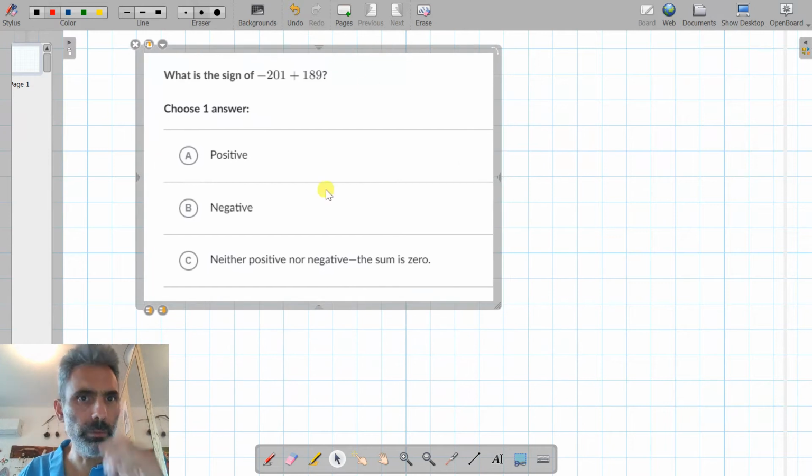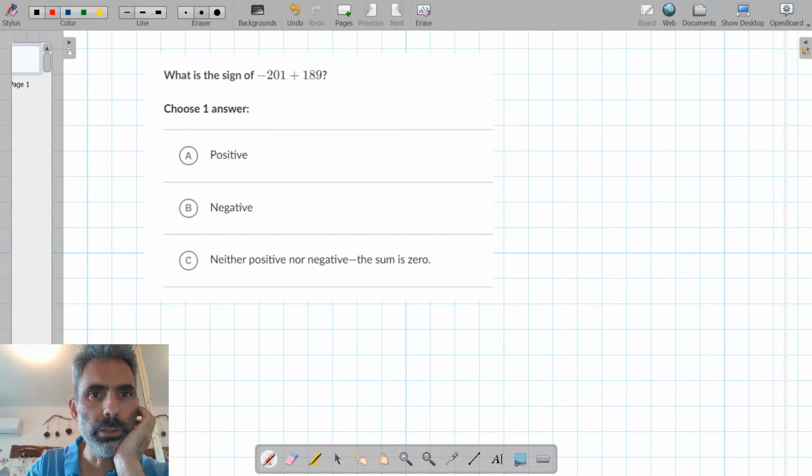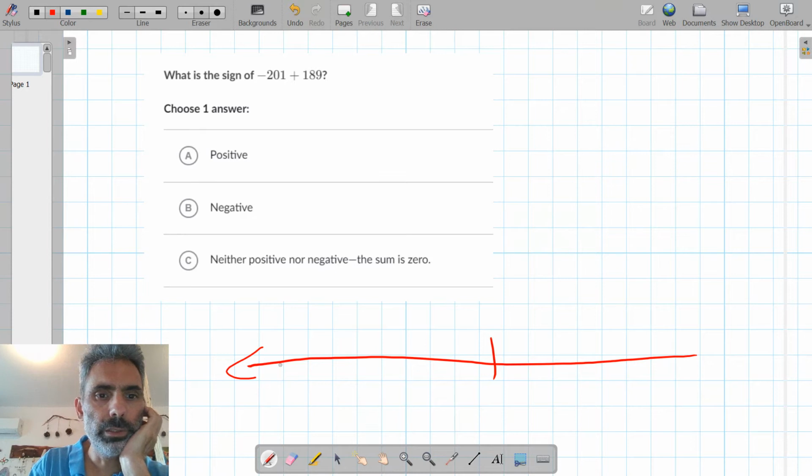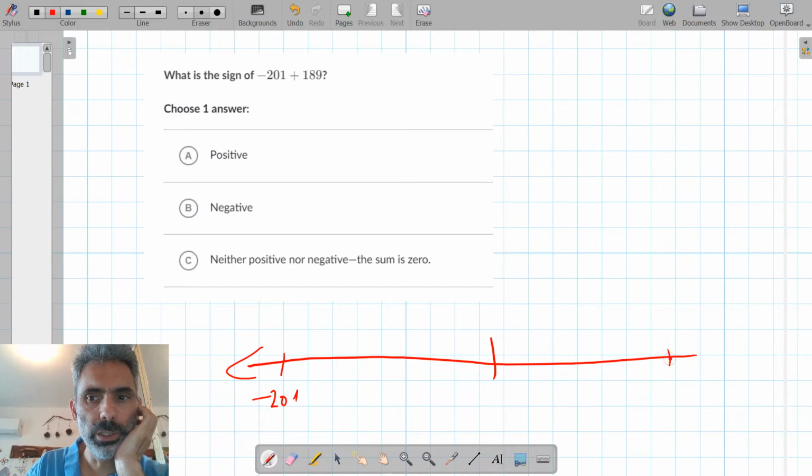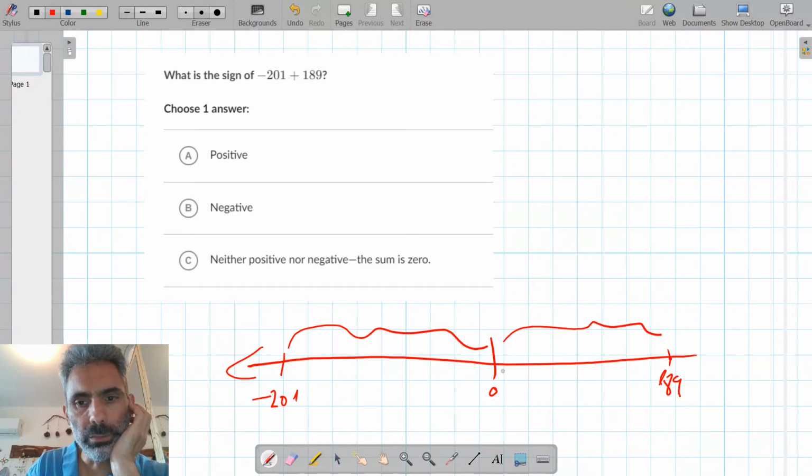What is the sign of negative 201 plus 189? Okay, so 201 is negative and 189 is positive, but this segment here is larger than this segment here because 201 is at a greater distance from the 0 than 189.